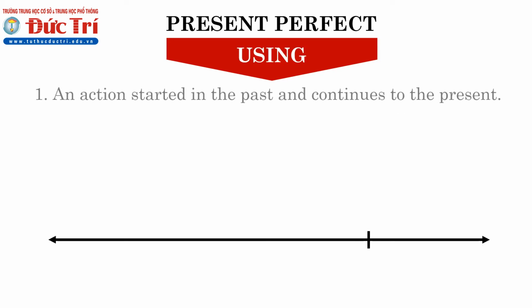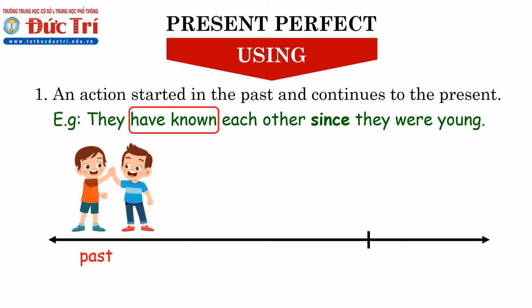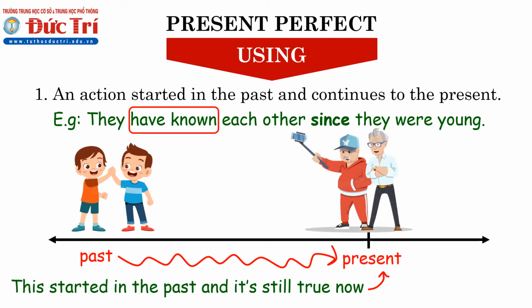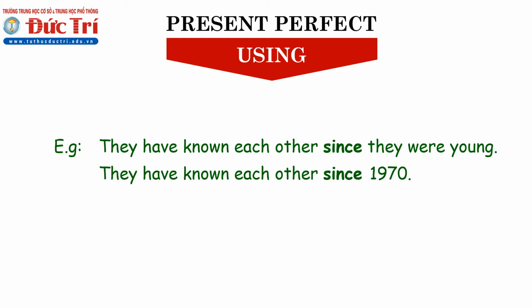The present perfect is used for an action started in the past and continuing to the present. For example, they've known each other since they were young. It means they knew each other in the past and it's still true now. Look at the example.